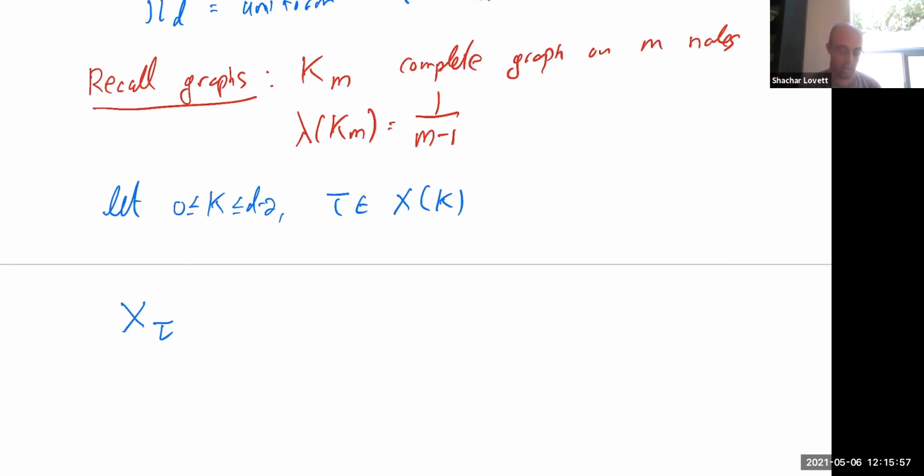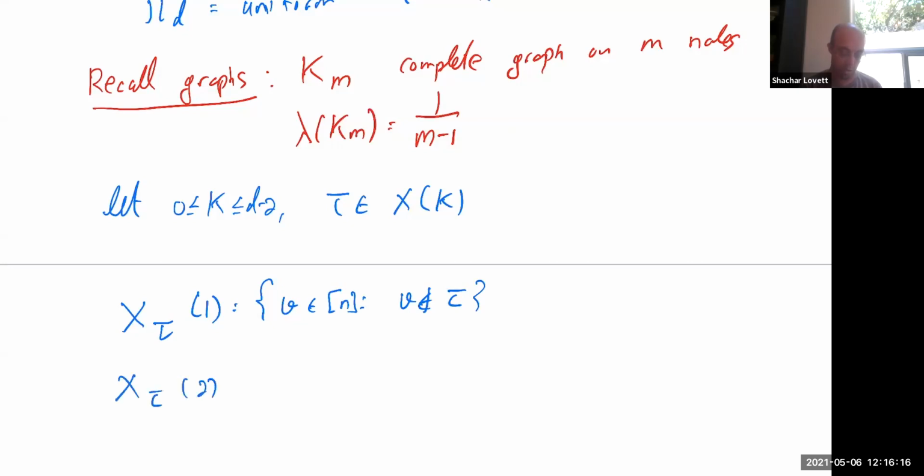So the first level of it is going to be all these v in n, so v is not in tau.